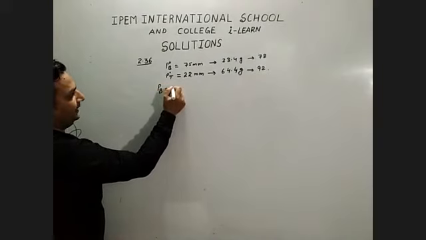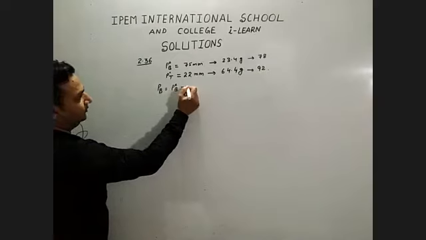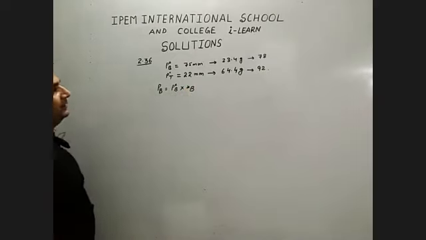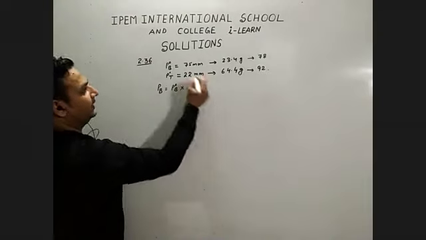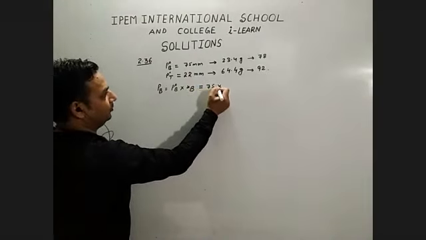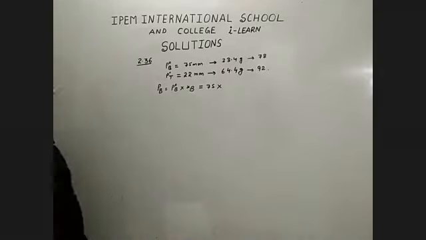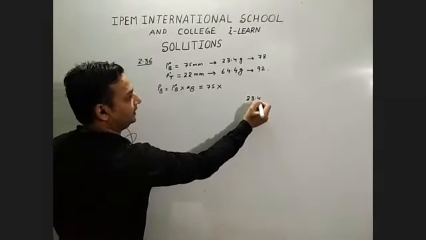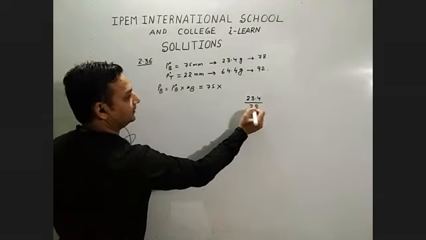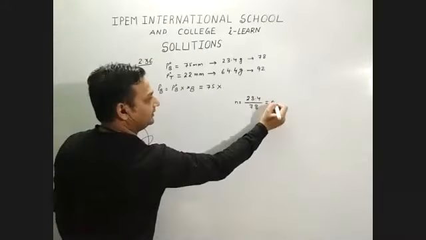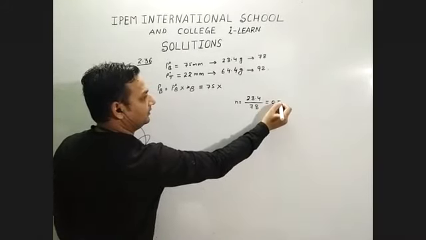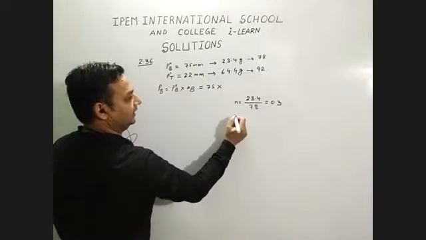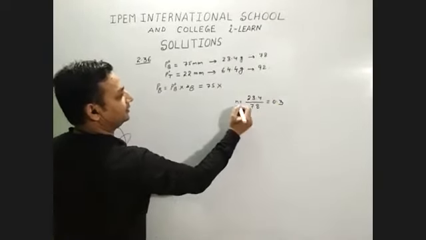PB is equal to P naught B into the mole fraction of B. P naught B is 75 into the mole fraction. First find the number of moles. 23.4 divided by 78 is 0.3 for benzene.